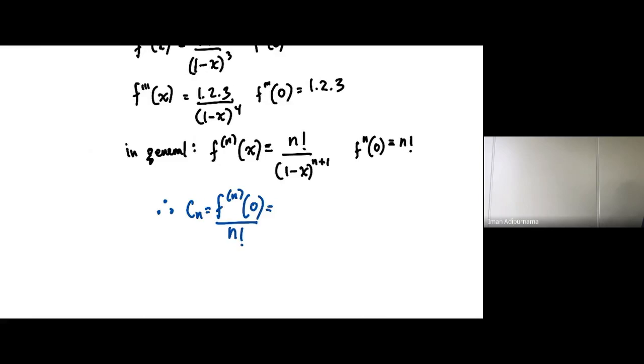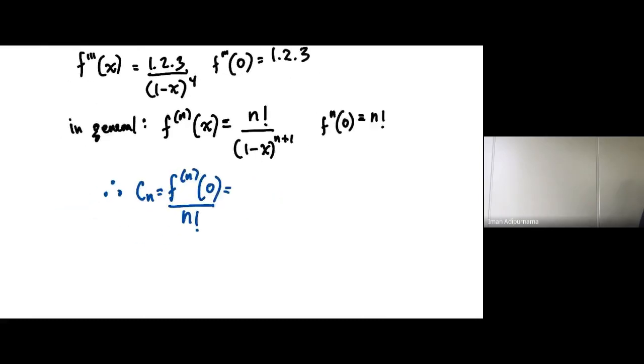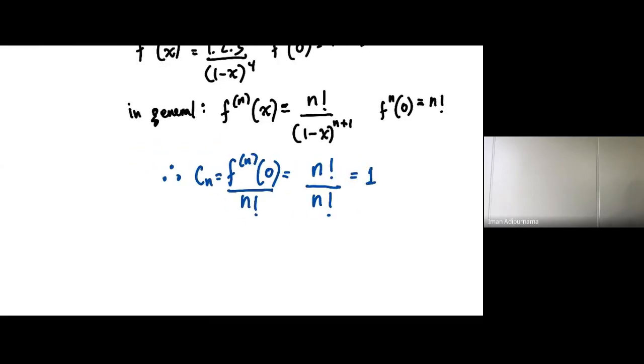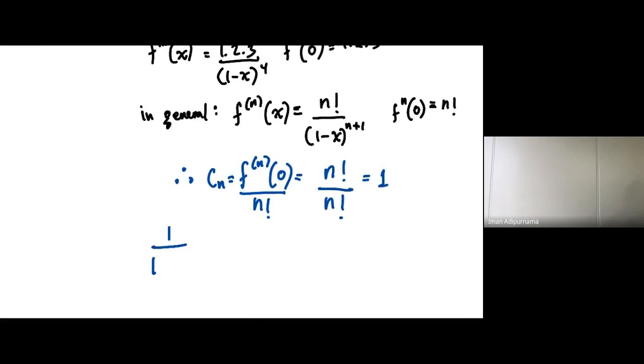And we can conclude from the general formula here that the Cn is n factorial divided by n factorial, which is 1. Now we look back at the functions.